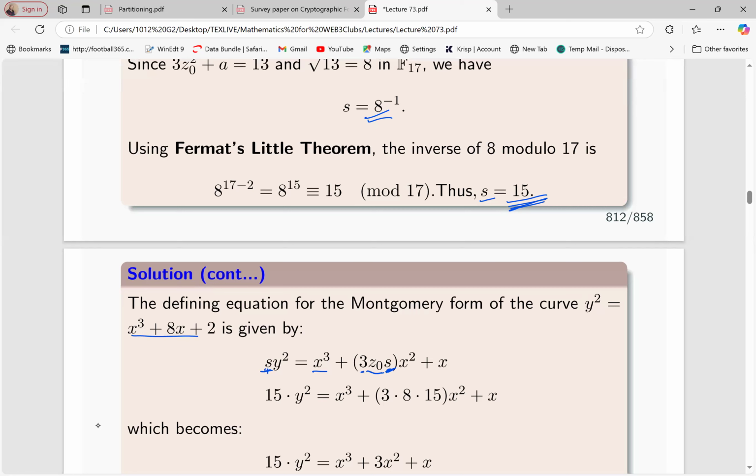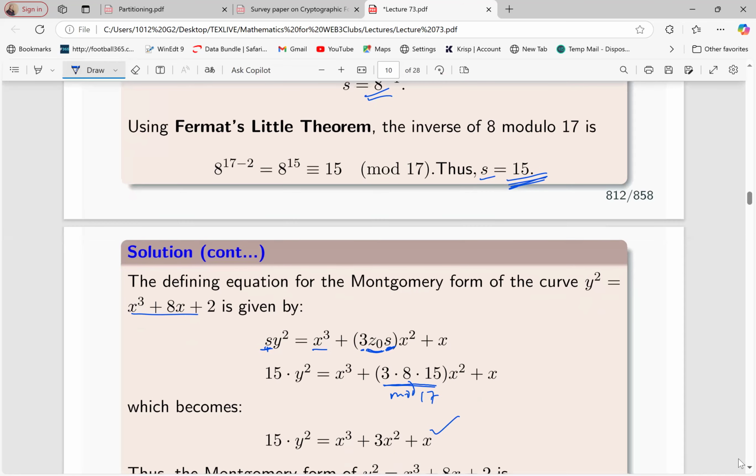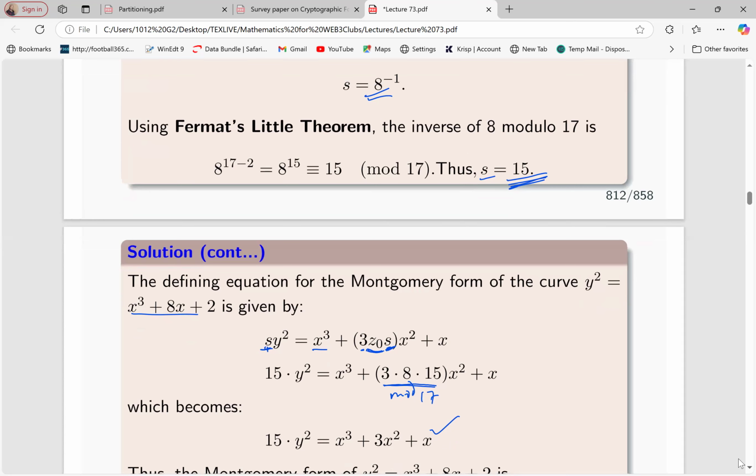This Z naught was our 8, the value we got when we were solving for X. So just substitute this and reduce them mod 17, and you arrive at that. That is, the scaling factor is 15 and our square root there was 8. We got 2 square roots, one was 8, another one was 9, so we'll come back for 9.